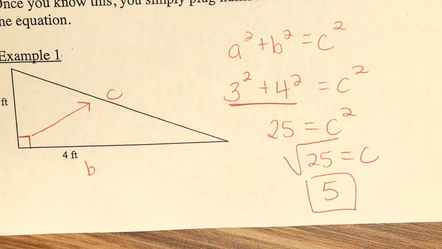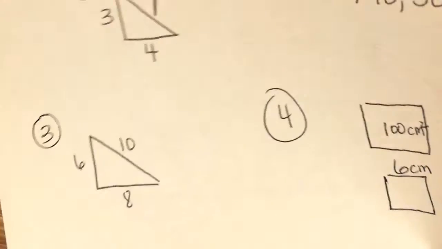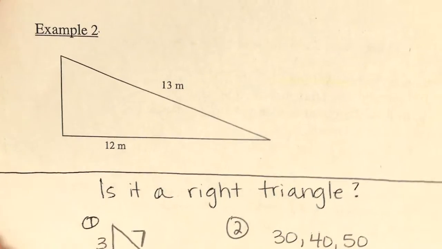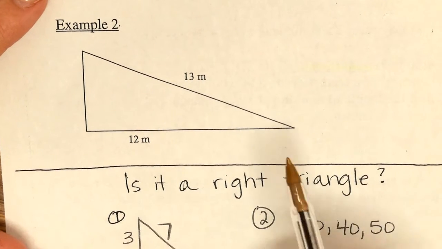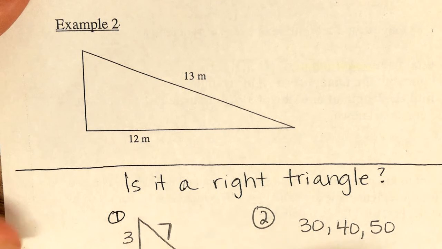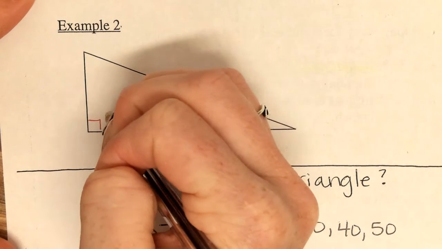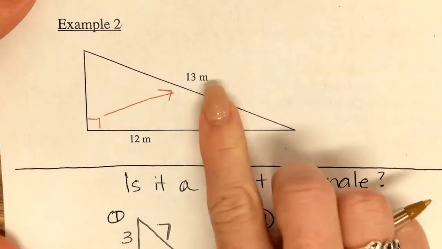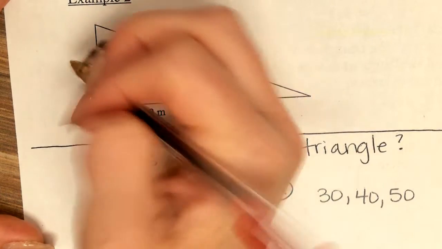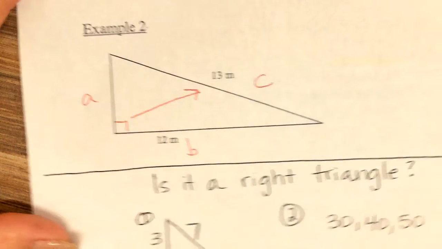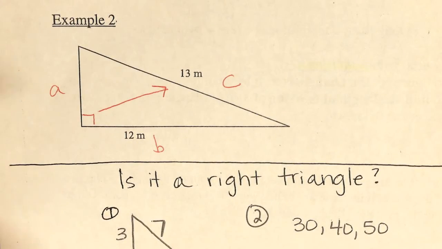Are y'all remembering this? Okay, if you flip to the back, this time, what side is missing? A or B, right? Because this has to be the C. So we'll call this A and this B. The most important part of Pythagorean theorem is that you label the sides correctly.